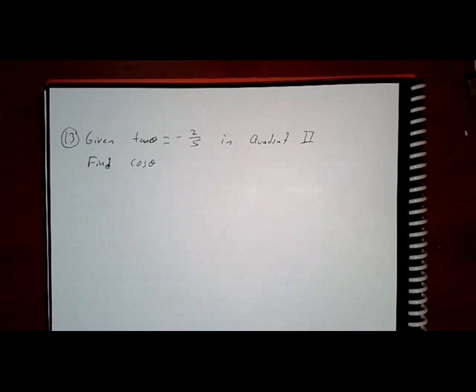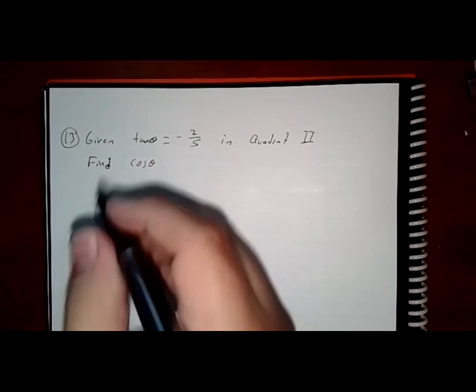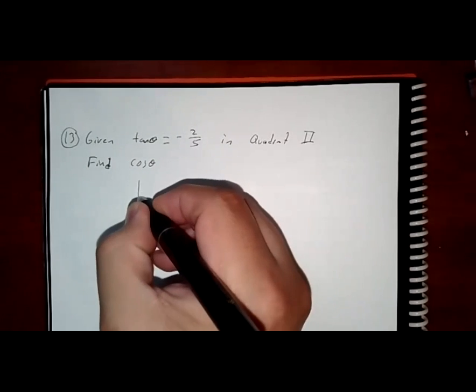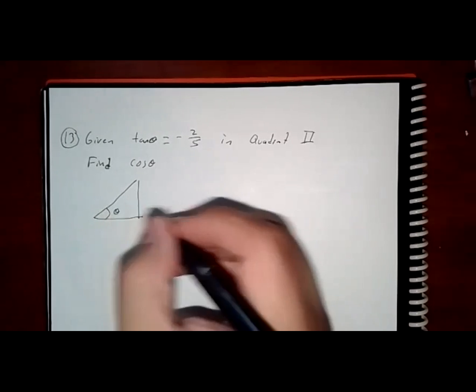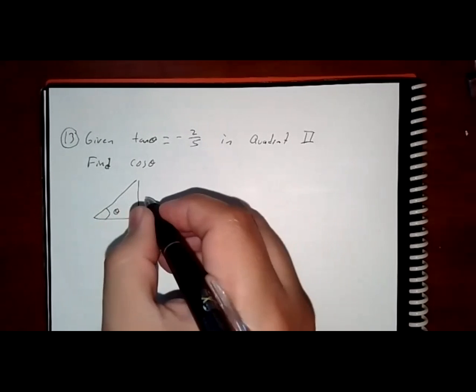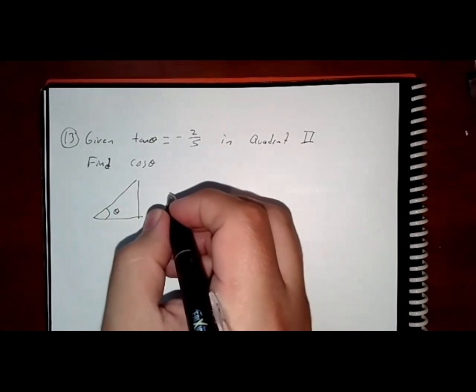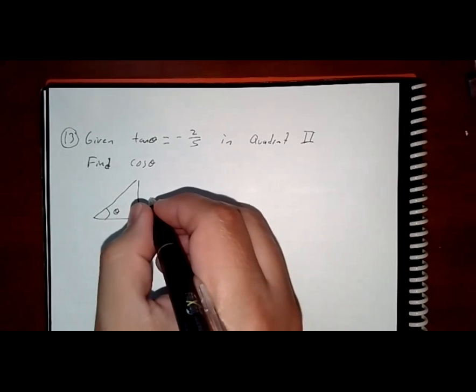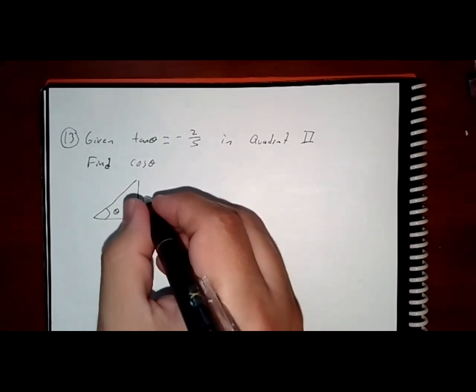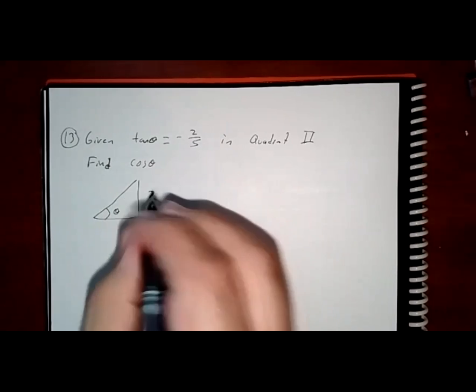So when we solve for the missing value, we will have to use the minus. Let me show you what I mean. We have opposite over adjacent. The 2 is technically positive.